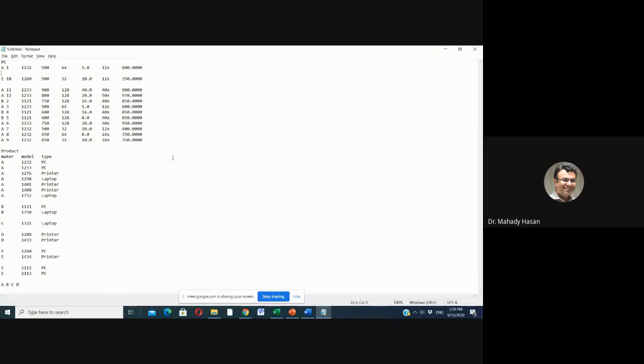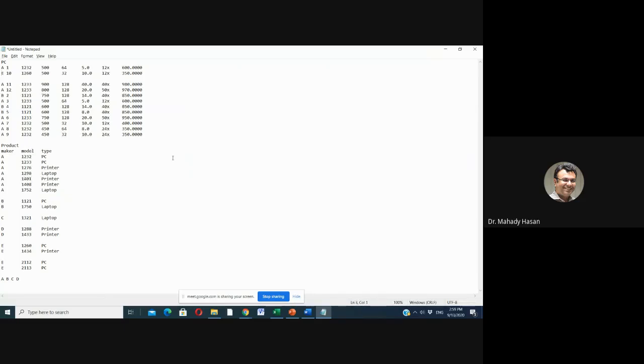What should be our steps? What should we do? Any thoughts?